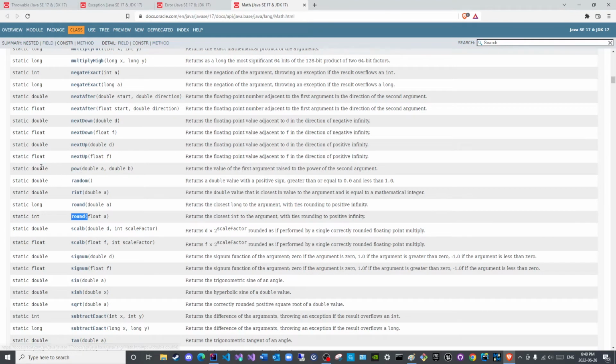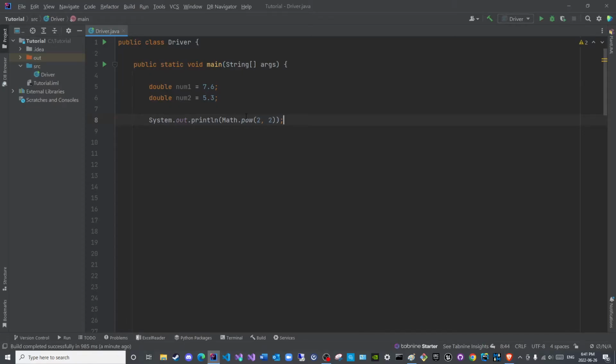This returns a double. So if you are working with integers, you must remember to cast from double to integer. So be extremely vigilant with the return types of these methods in case you do see an error that you are unsure of its reason.